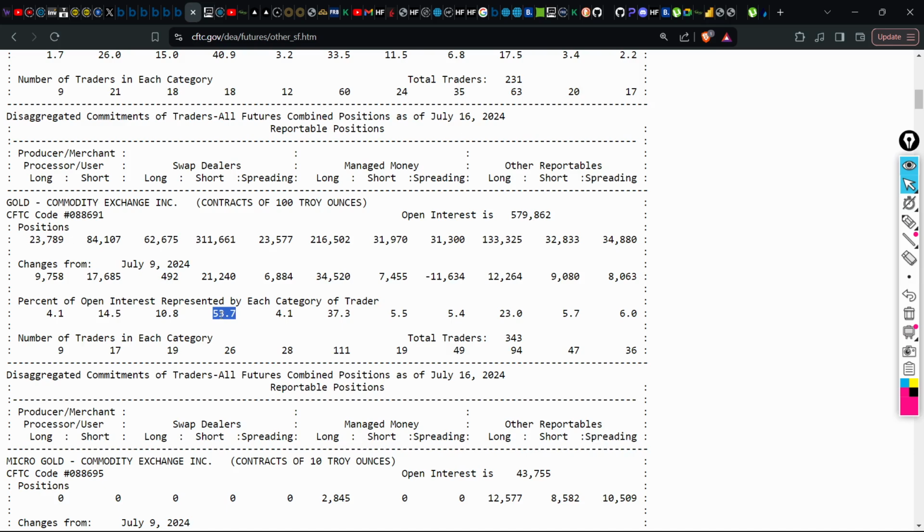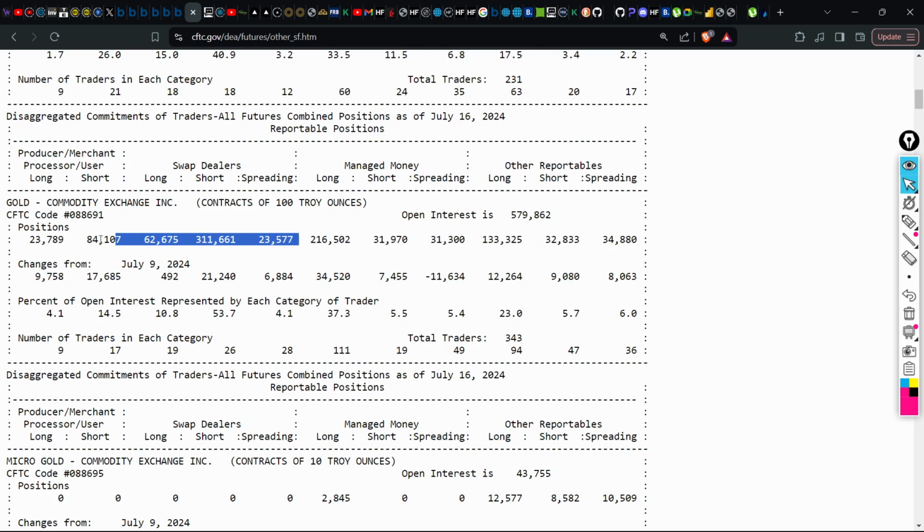This is where the money is. And what you're supposed to do here is to look at the number of contracts. Where are the most contracts located? All right, and you can see this producer merchant swap dealers. This is where most of the contracts are. If you look at this one, there are not that many contracts as compared to these other ones.